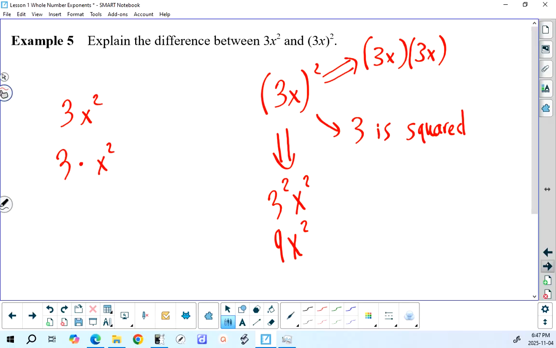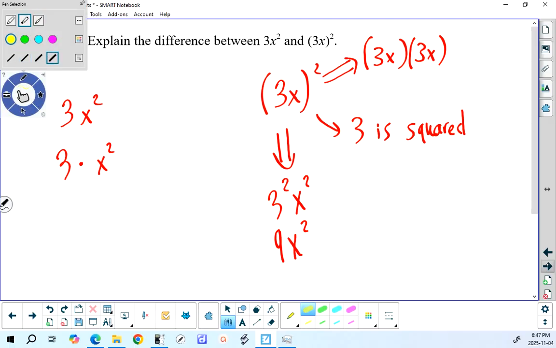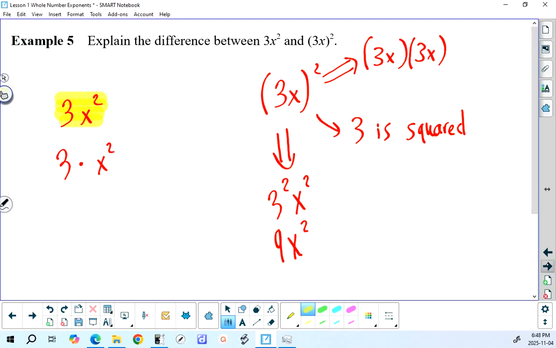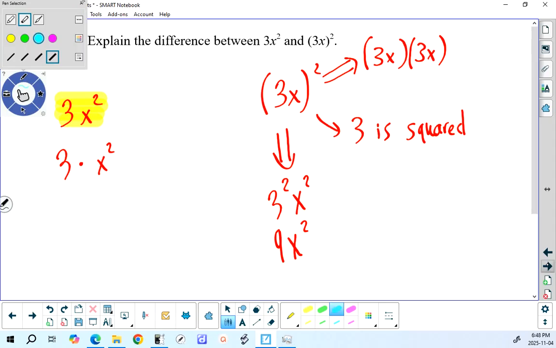On the left, it just means 3x squared. There's nothing we can do with it. And again, these are things that I believe are important for you to be successful moving forward. Understanding the difference between these two things. How are they different?